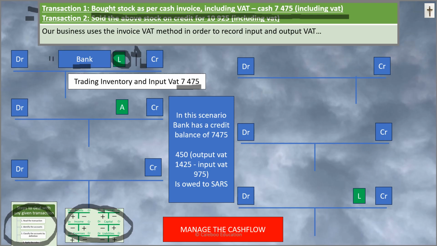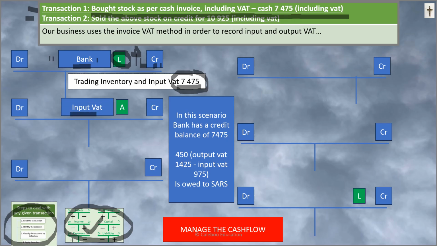Seeing that we owe the bank money, the liability has increased, and the rule says an increase in liabilities. You can check the rule down here. You must credit the account. So in our books, we're now sitting with 7,475 on the credit side of bank.